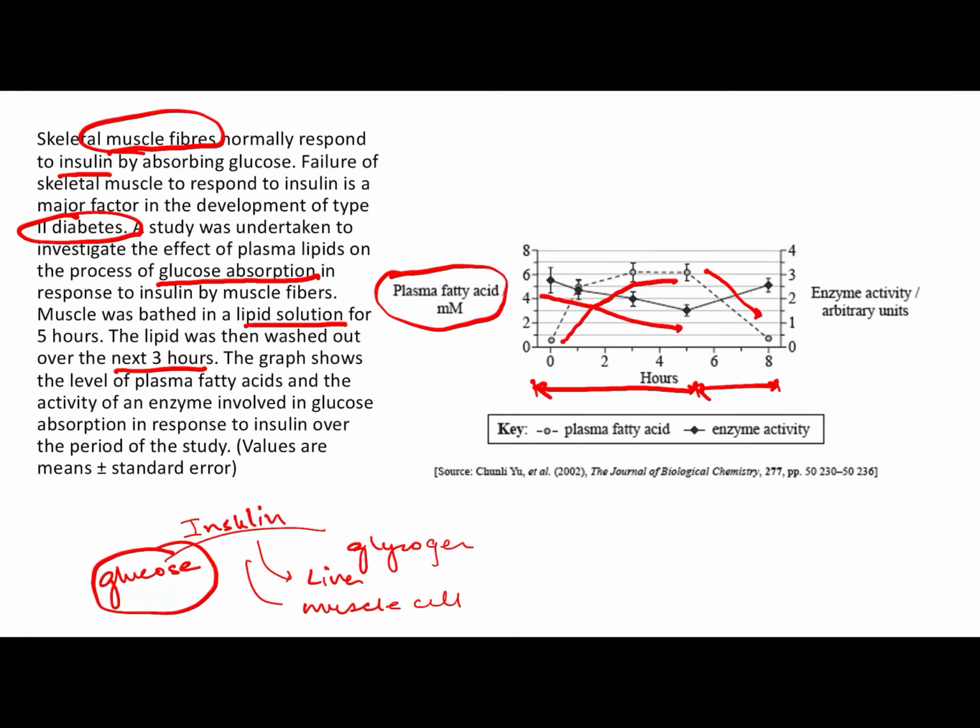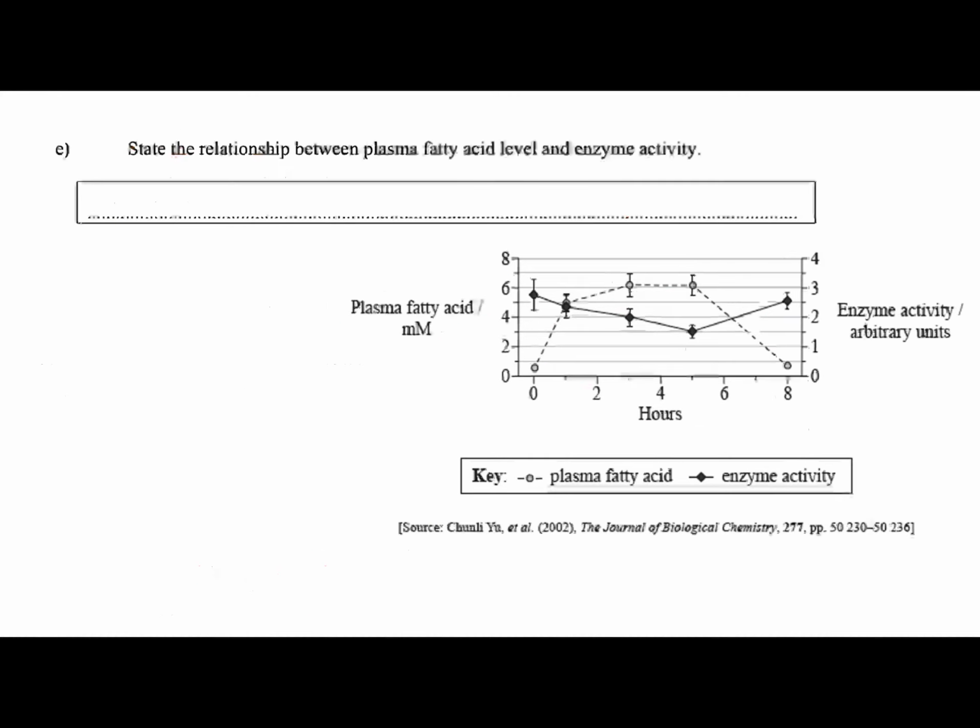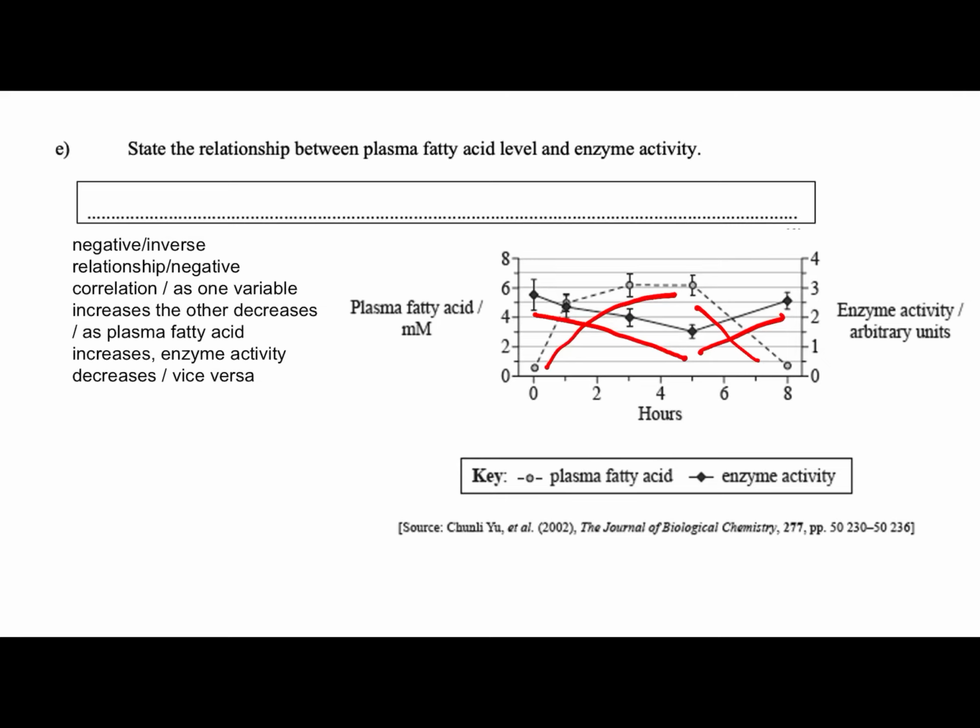Enzyme activity decreases when the fatty acid concentration increases, while enzyme activity increases when it is washed off or decreased. So this is the information we have from the question. Now suggest the relationship. As we saw in the previous graph, as one increases, the other decreases. It's a negative correlation, or you can say an inverse relation.